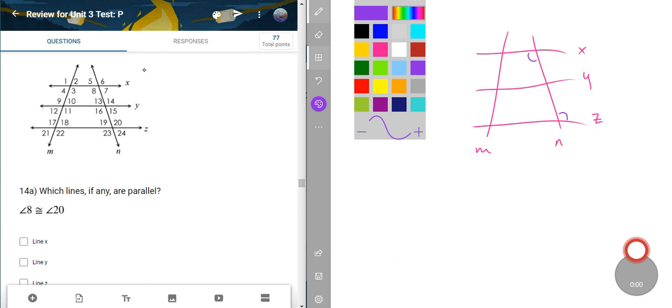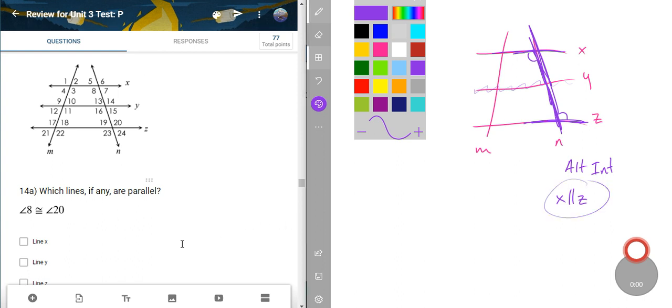And so if I ignore the y value and just think about these two lines that are being cut by the transversal n, then I can see that those look like alternate interior angles between x and z. And I know that if these are congruent, then the lines are parallel.